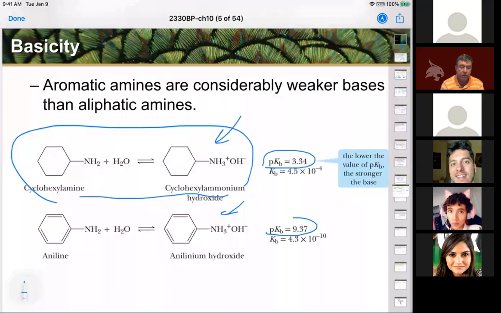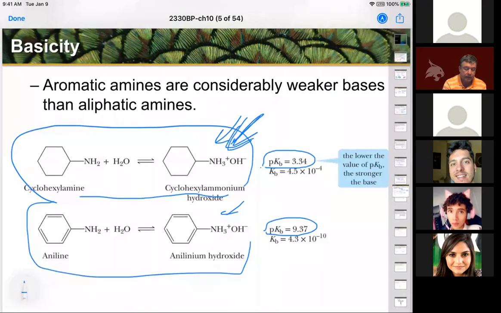So this is the stronger acid. And I'm sorry, this is the weaker acid, stronger base. And we see that the aniline system here is analogous. And so this is the stronger base and this is the weaker base. But why?